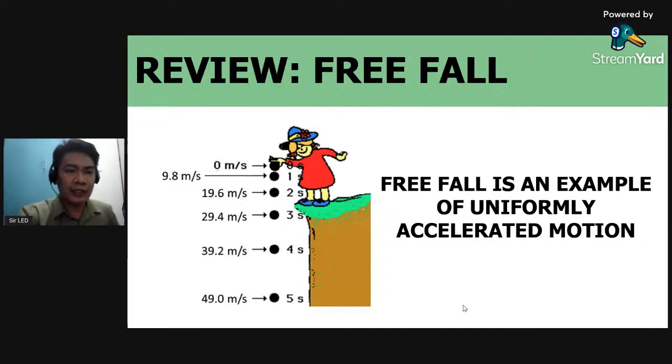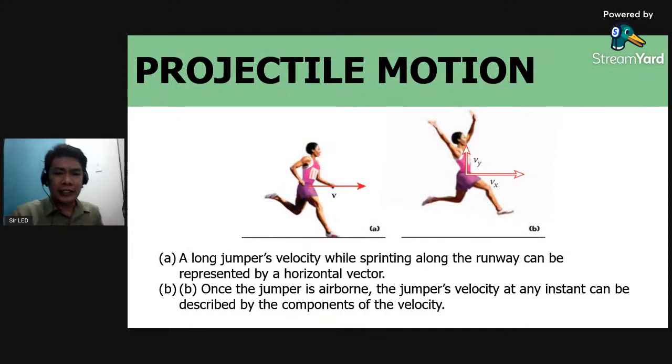Also, in this picture, there should be an indication that the speed is negative. So let's try to put negative symbols here. All right. So we know, class, that after 5 seconds, the speed of the dropped object is now 49.0 meters per second. Okay. Now, let's try to consider this.